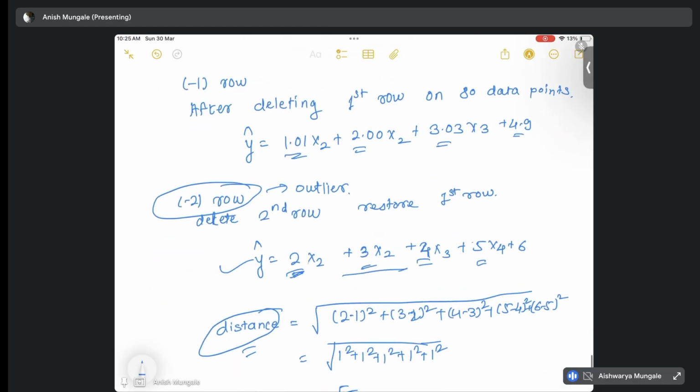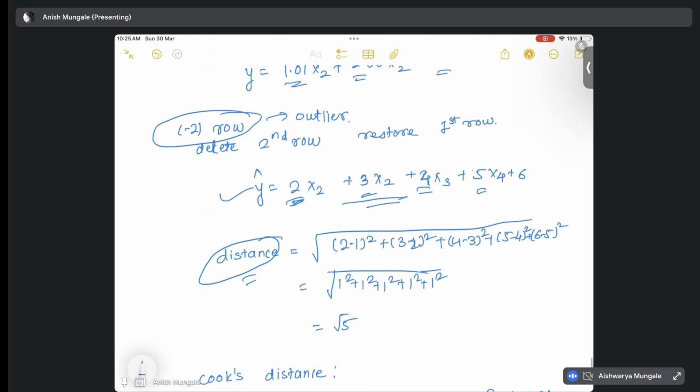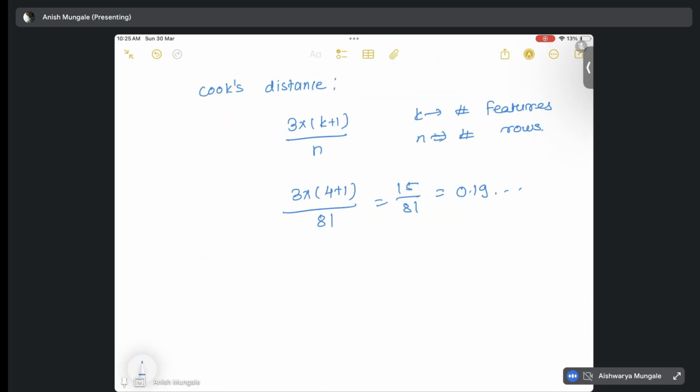This you calculated after deleting one data point. Then you calculate the distance between these two, with all data and after deleting. If the distance comes out less than this value, then that's not an outlier.